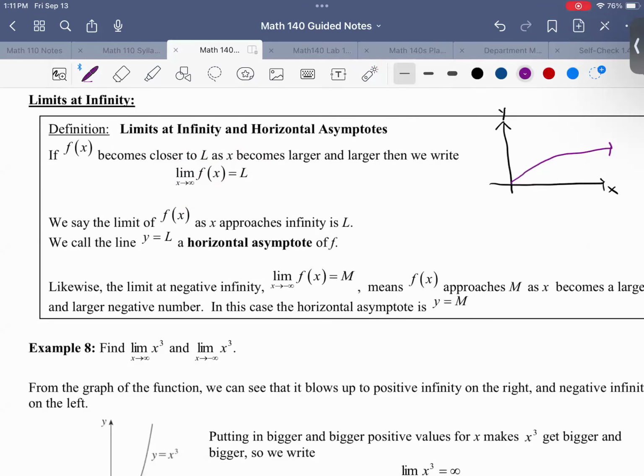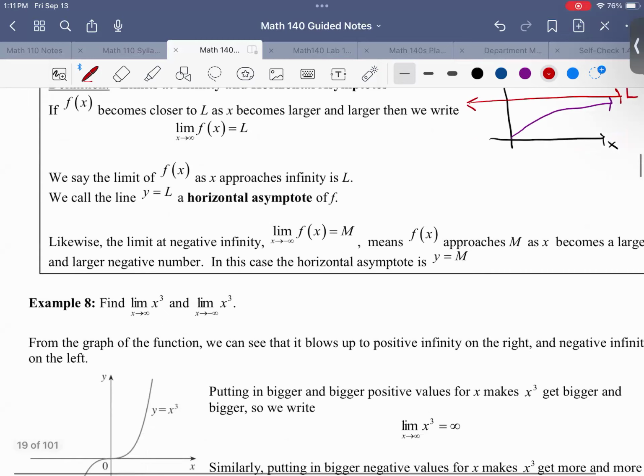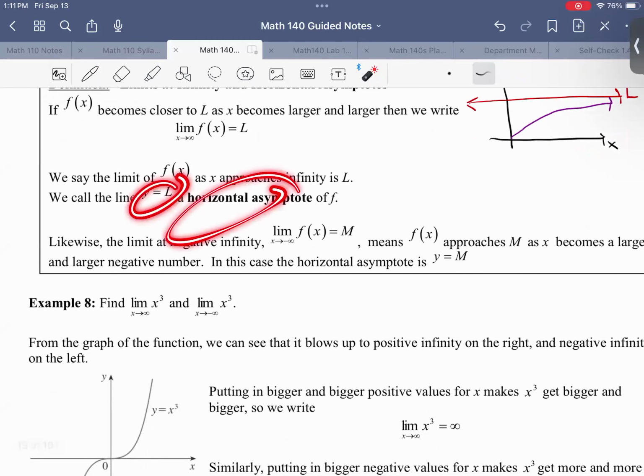Well, that means that as x goes to infinity, the limit of this function would just be that line L. This is just some horizontal line, but that also means that it's a horizontal asymptote. It doesn't pass that line. So we call the line y equals 0 a horizontal asymptote.